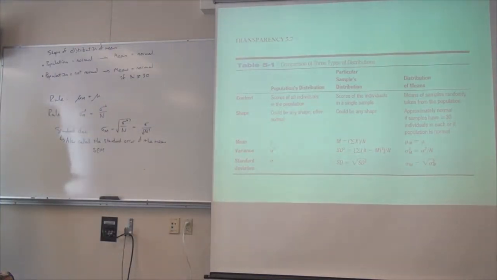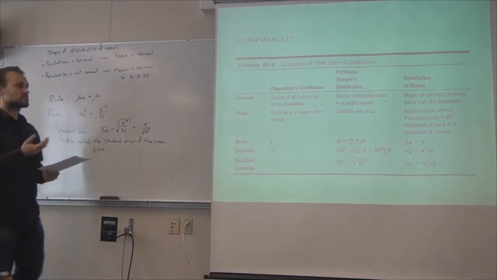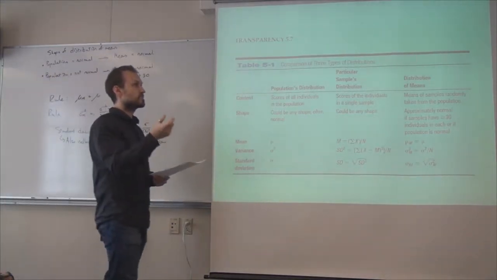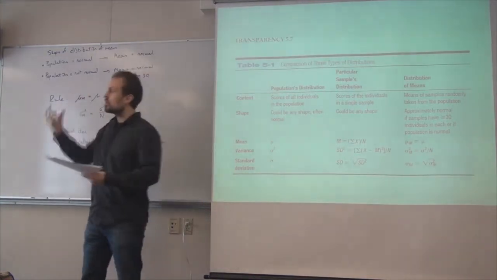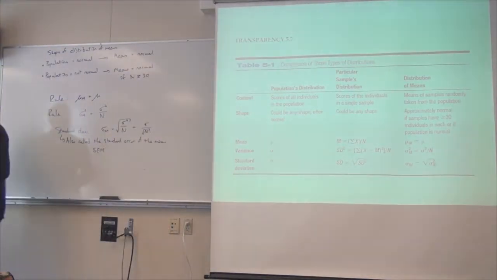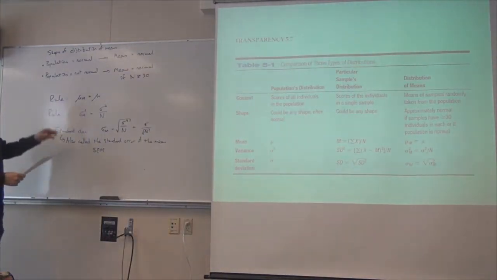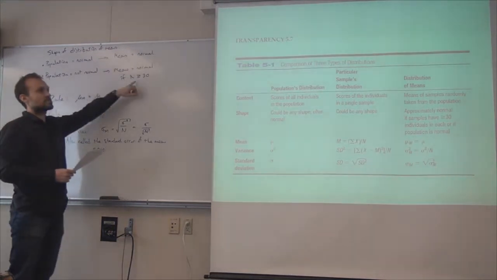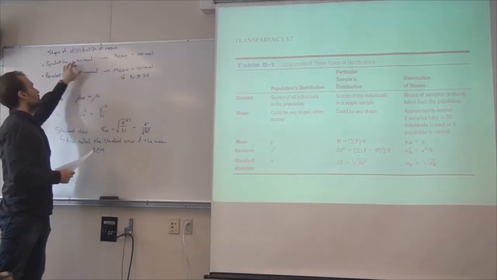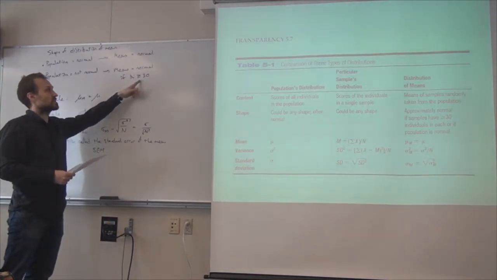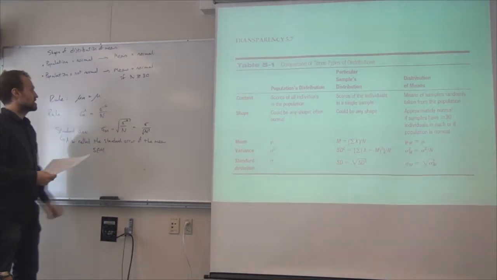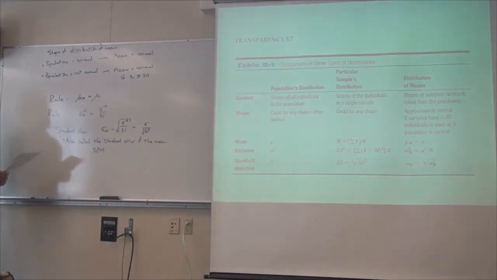Does it support the research hypothesis? So how does it fit with the distribution? That's why I need to look at the distribution of all the sample means instead. And that one is always going to be normal as long as either the population is normal or my sample size is big enough. It's not even that big. 30? That's not that big. So it's going to be normal very quickly.